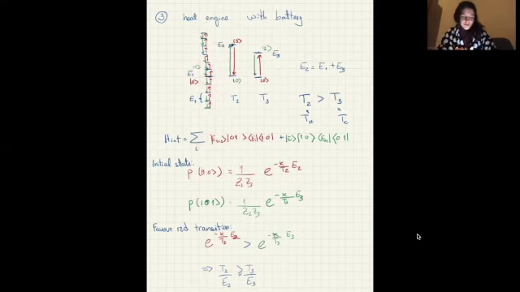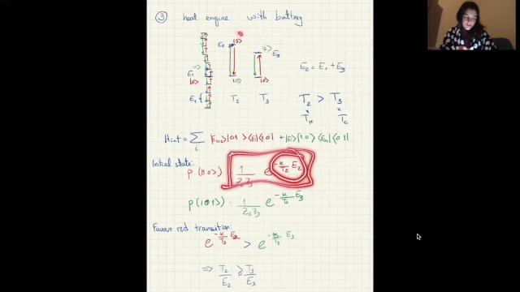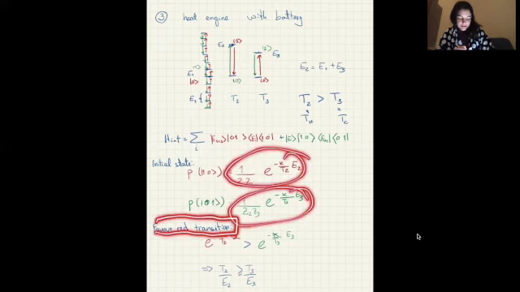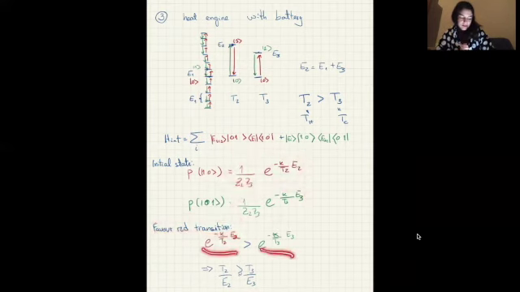You just need the probability that this is up and this is down, which is given by this. So this E2, what matters is this. And for the green transition to happen, it's the other way around, right? So this is down and this is up. So the thing that matters is this. If we want to favor the red transition, then we need this number to be larger than that.